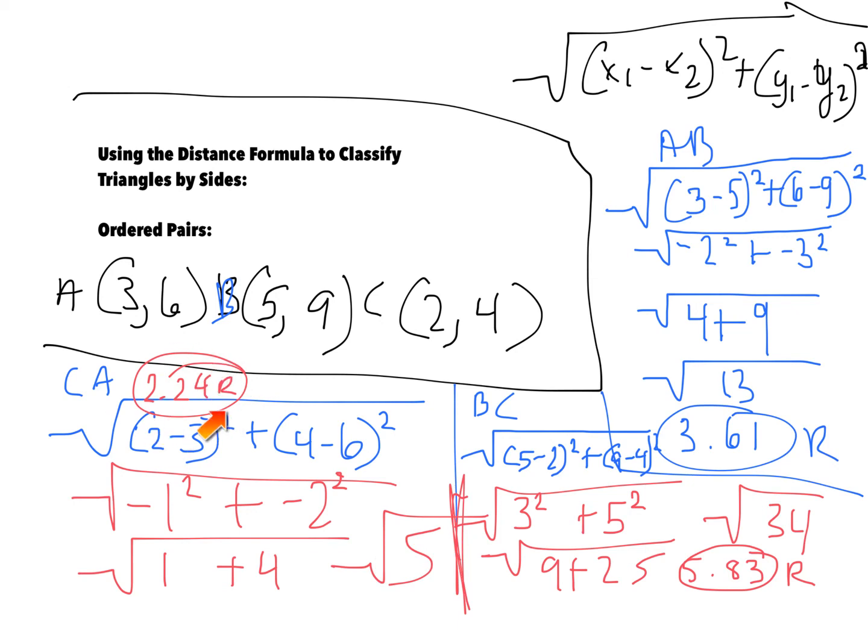Is CA the same as BC or AB? Nope. So we know this triangle is scalene. Now, if two of the sides are the same, we would know that it's isosceles. And if three of the sides are the same, we would know that it's equilateral.